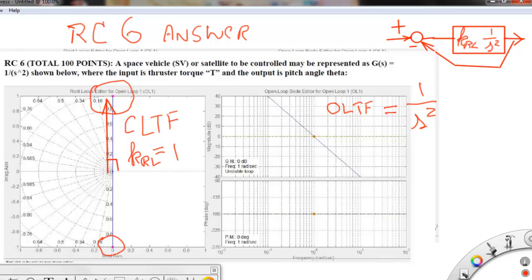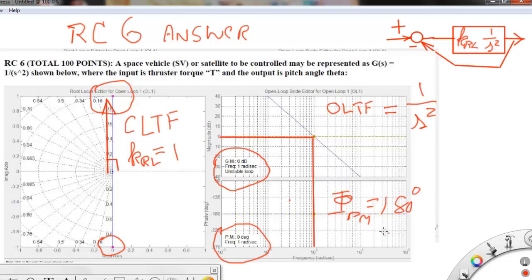Now the metrics that predict this neutral stability or near instability: if I were to go to the crossover frequency, which is shown here at 1, and then come down from the crossover frequency to read the phase angle, the phase margin, which sometimes uses the symbol phi PM, equals 180 degrees plus the phase angle at crossover.